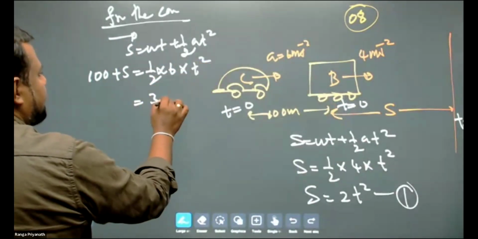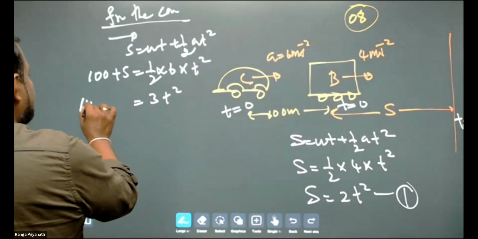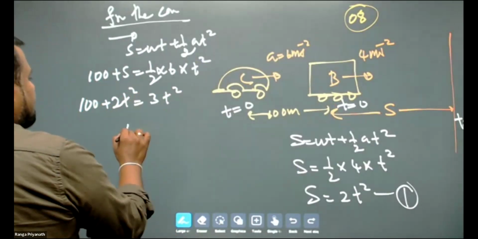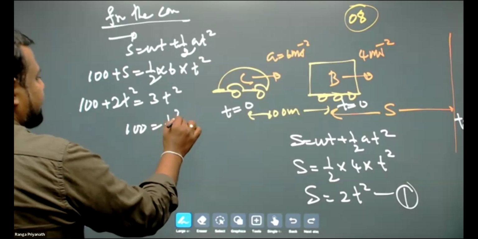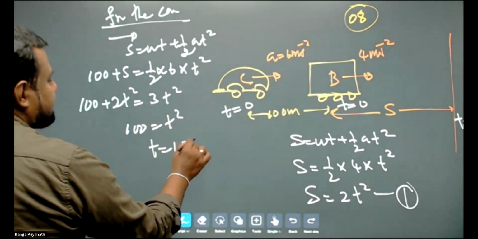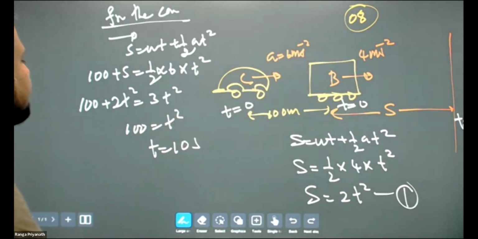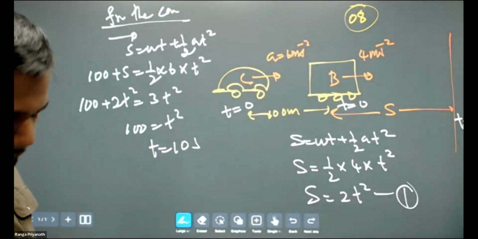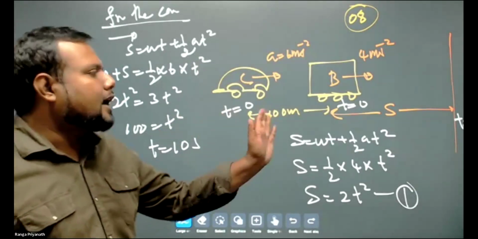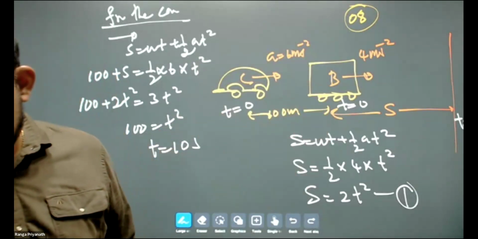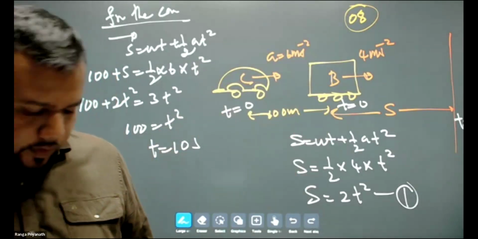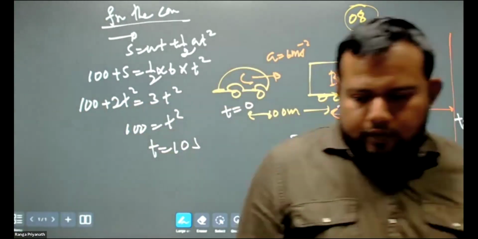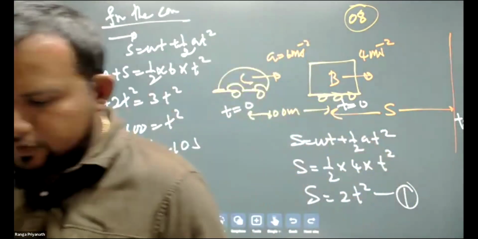So this is 3t². 100 plus S, where S is 2t², so 100 = t², and t equals 10 seconds. We found that the time is 10 seconds. After 10 seconds, the car overtakes the bus. Okay. Write it down if you haven't done it.